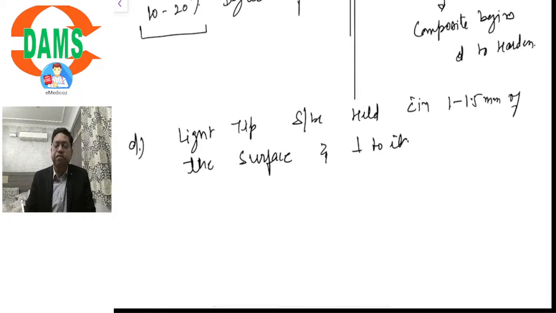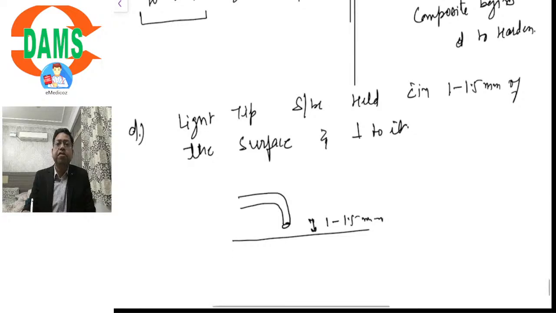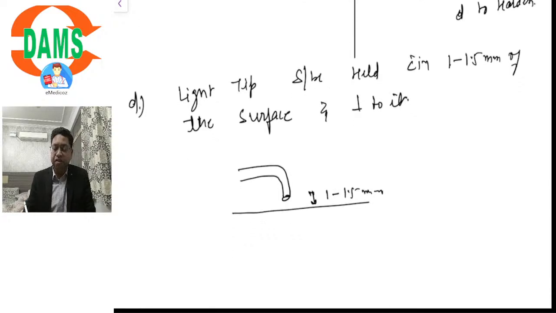Maximum curing occurs when the light tip, if this is the composite surface being cured, and this is the light tip or the light guide, it should be placed at a distance of 1 to 1.5 millimeter without touching the surface. When we shine light, almost perpendicular, 90 degrees, maximum curing occurs.